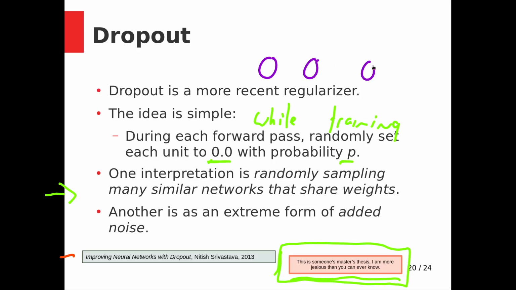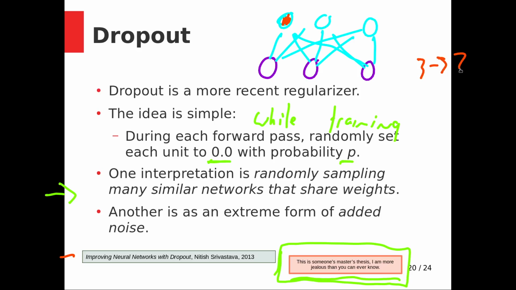Okay, that works. If you have an input like this, and then an output, we'll also use 3. If you randomly turn each of these off, if you randomly turn this unit off, then that is the same, in the author's mind, as sampling a 3-to-2 network that happens to share weights partially with your original 3-to-3 network.